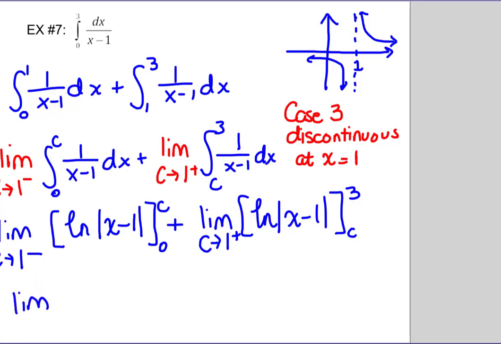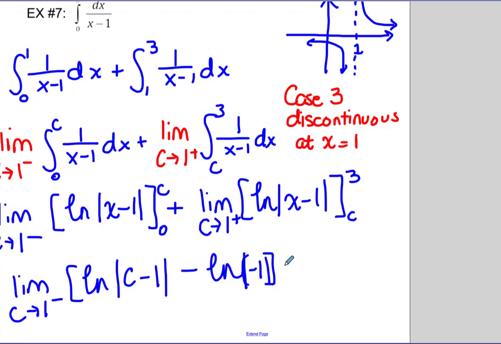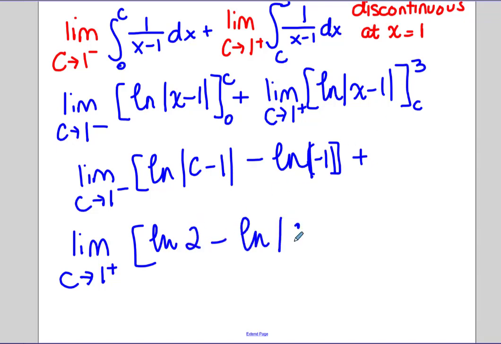So we have the limit as c approaches 1 from the left for the natural log of absolute value of c minus 1, minus the natural log, let's see, as we do this side, from 0, of 1, plus the limit as c approaches 1 from the right, and then going over here, this will be natural log of 2, minus natural log of absolute value of c minus 1.